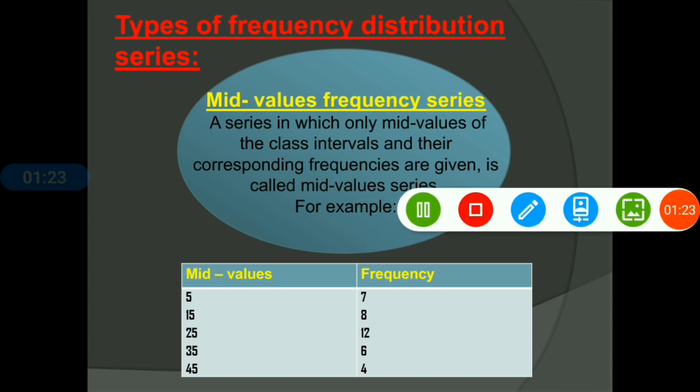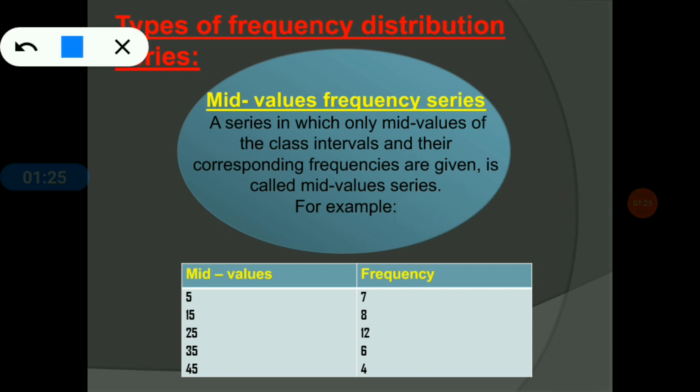When we add the upper class limit and the lower class limit, and divide the total by 2, we get the mid-value of the class. In a mid-values frequency series, only the mid-values of the class intervals and their corresponding frequencies are given. So 5, 15, 25, 35 are all mid-values of the classes, and these are the frequencies of the given mid-values. That type of series is known as a mid-values frequency series.